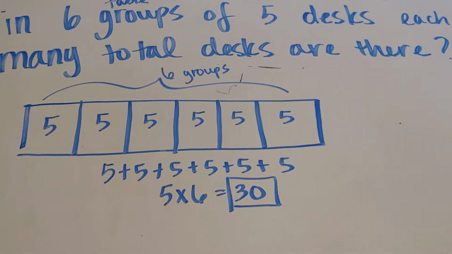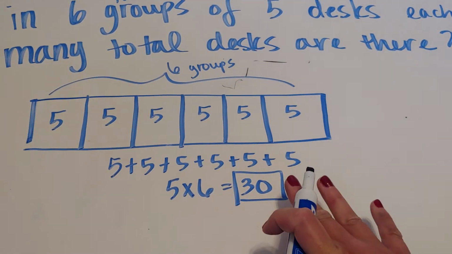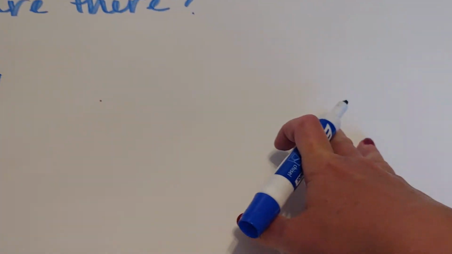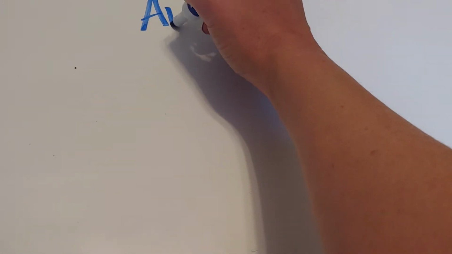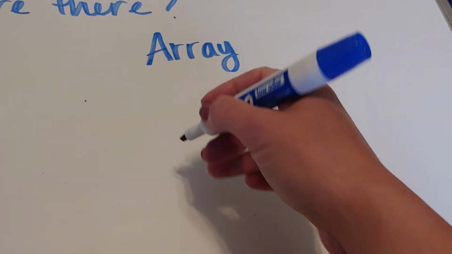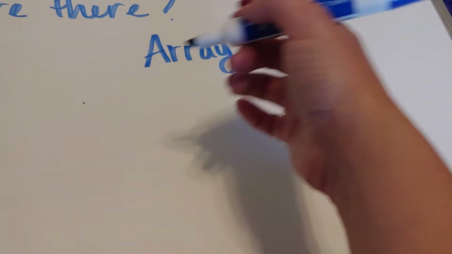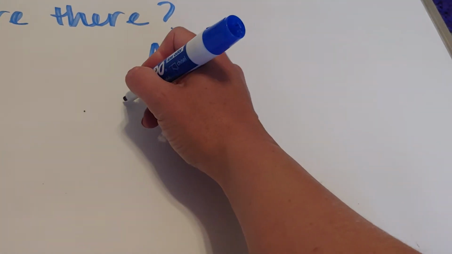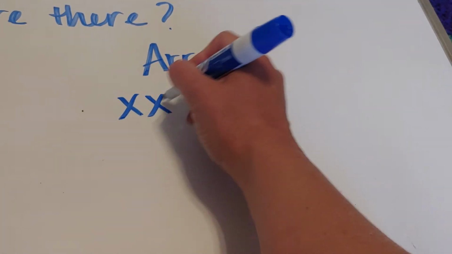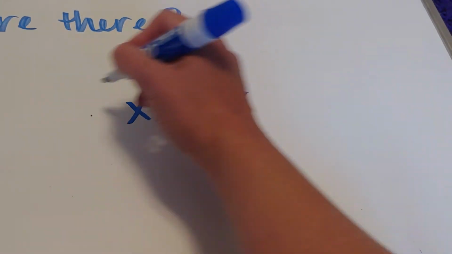Let's now model it over here with arrays. So there's my tape diagram example. Let's go over here to arrays. You don't have to write the word array, but since array is new, I'm writing it. What we're going to do is use X's this time. My first group has 5 desks.